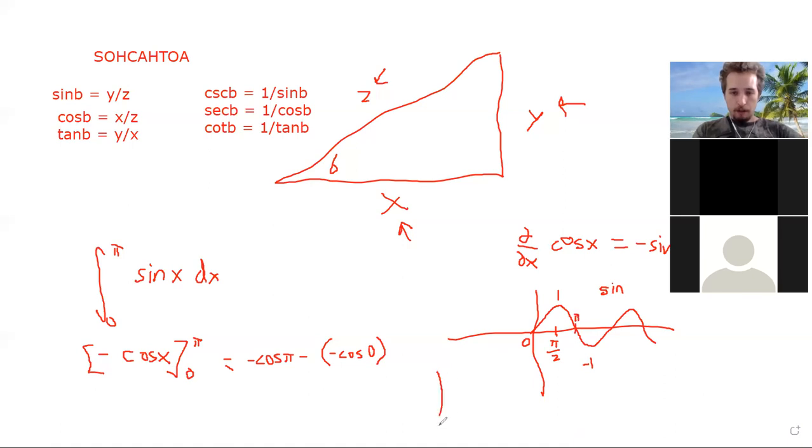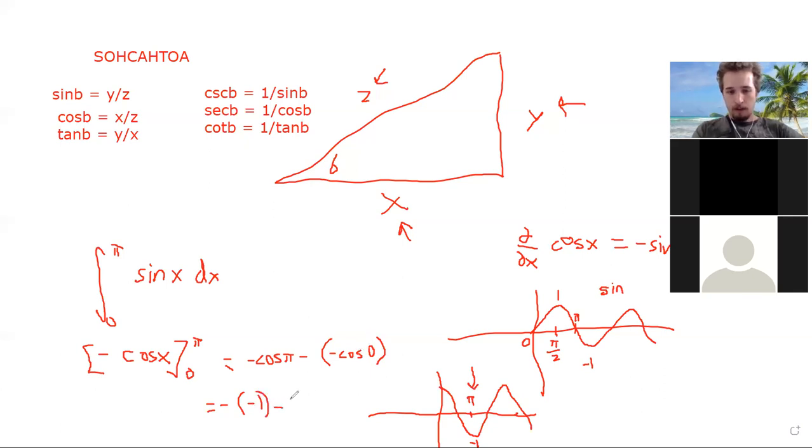The graph of cosine is the same graph as sine, but it starts up here. And so this is at pi right here. And it's at -1. Okay, so when you look at the graph, cosine of pi is actually right here. And so the value of cosine of pi is negative times -1.